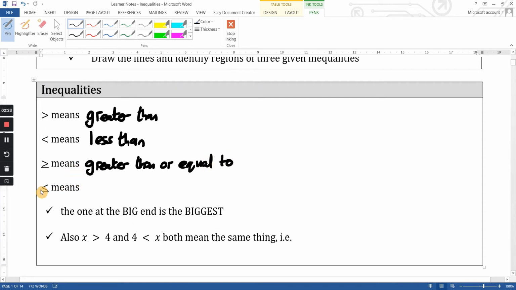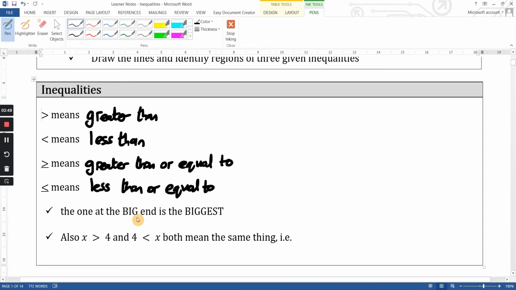And if it's pointing the other way with a line underneath it, that's less than or equal to. It's just a shorthand version of saying these phrases. So instead of writing greater than or equal to all the time, in maths we use symbols as shortcuts.